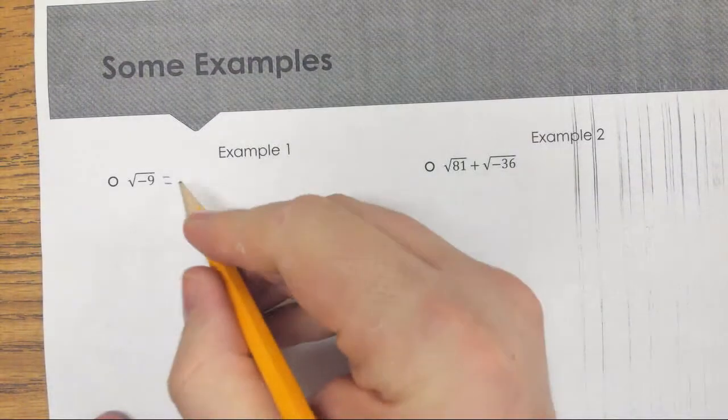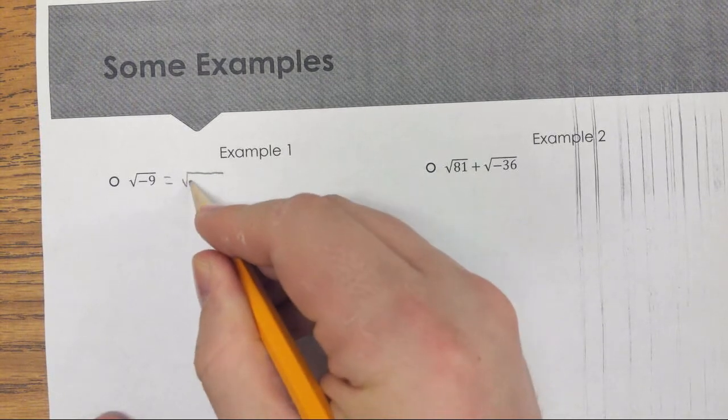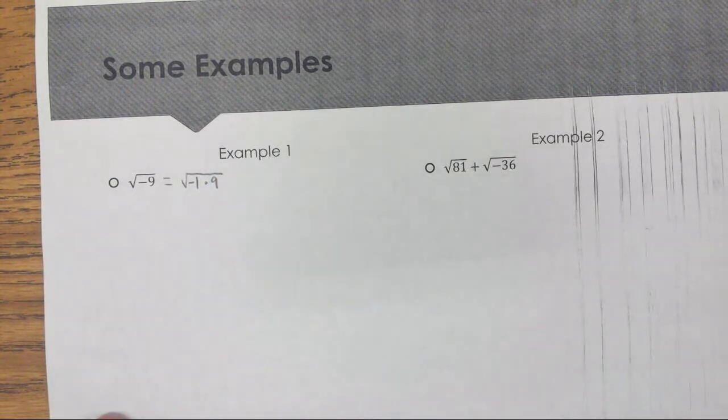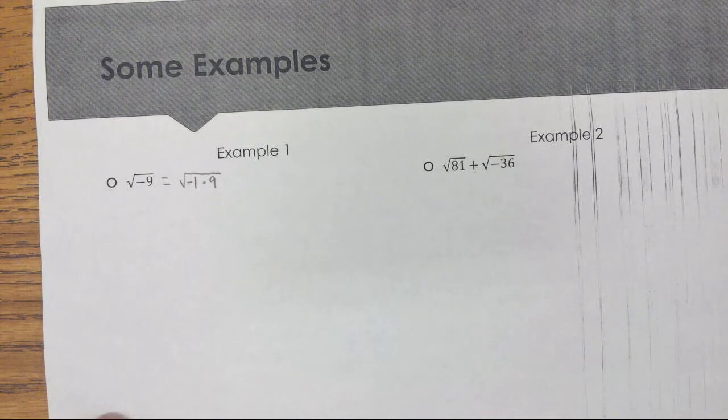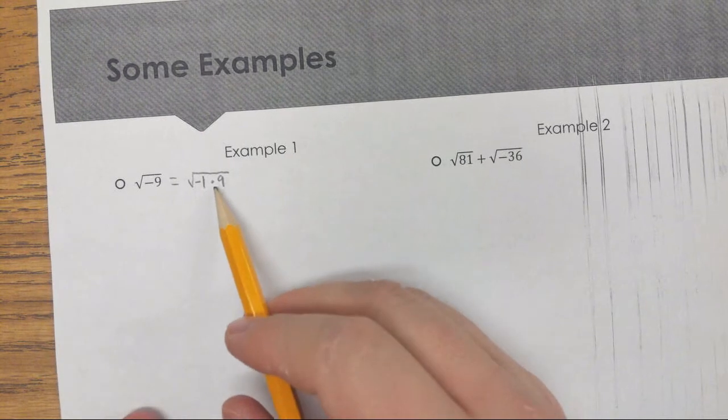I know the square root of negative 9 is equal to the square root of negative 1 times 9. Negative 1 times 9 is negative 9. We know that. If you remember, when we multiply square roots, it's just putting radicands together.